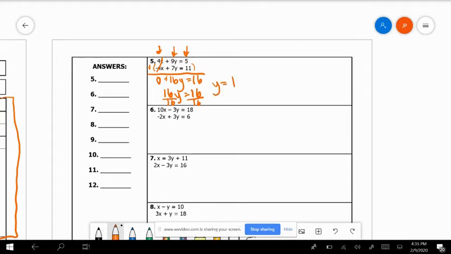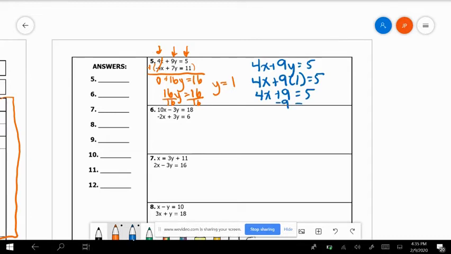And y equals 1. And now I'm going to do the exact same thing that we did before. I'm going to go back and I'll substitute into one of the other equations. I'll pick the first one because everything's positive and I don't want to deal with negatives right now. So now I've got 4x plus 9 times 1 equals 5. 4x plus 9 equals 5.